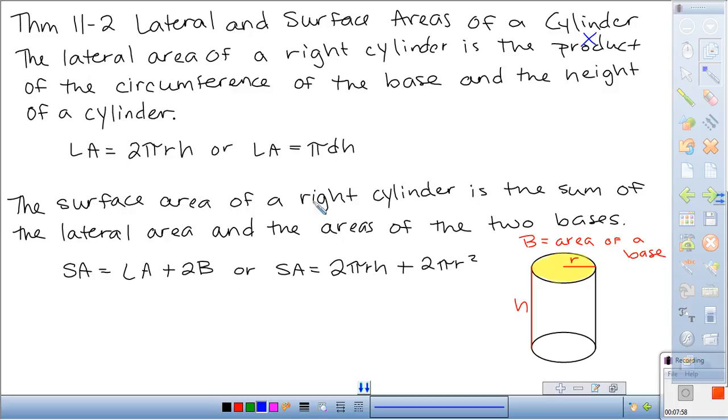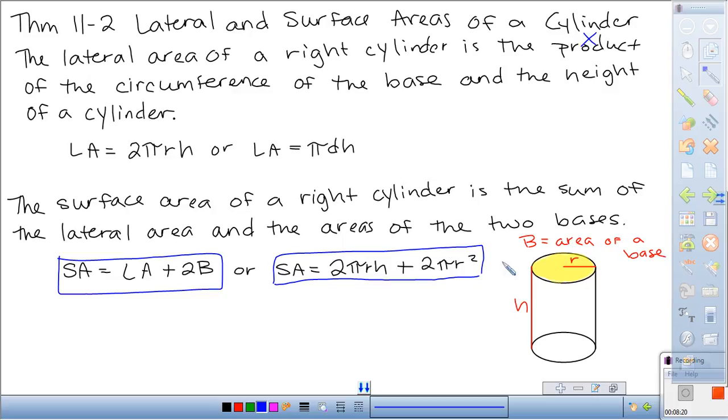The surface area of a right cylinder is the sum of the lateral area and the areas of the two bases. It's the exact same as a prism. So that base formula is still the same. All we did is we took a one-step formula. It's a little more detailed here, and this is the one you would use for a cylinder. 2 pi r times height plus 2 pi r squared.